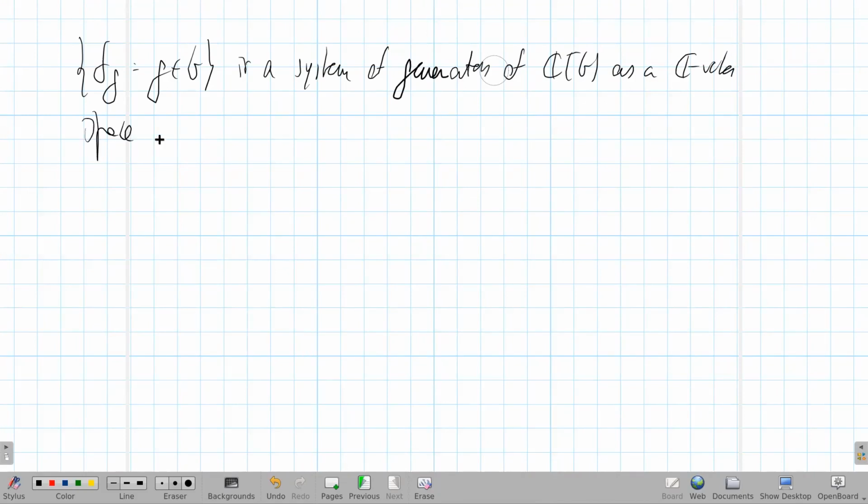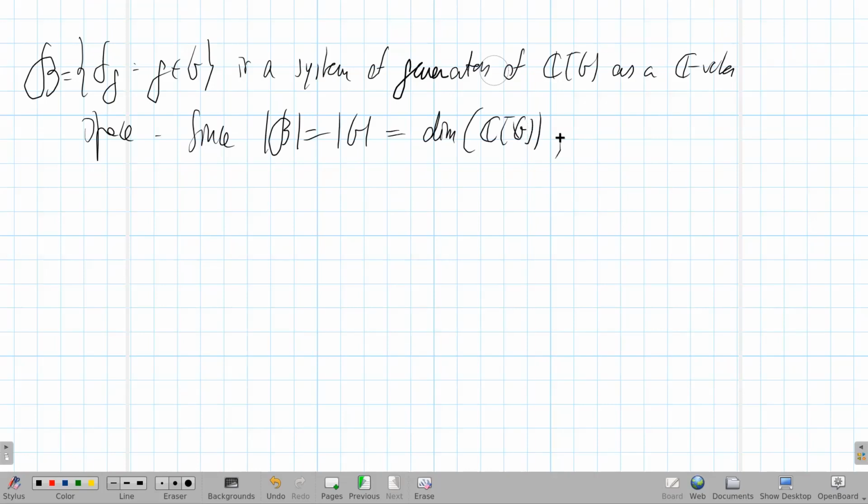And since this set, let's call it B, has exactly the number of elements of G, which is the dimension of CG, B is a basis of CG as a vector space, okay?